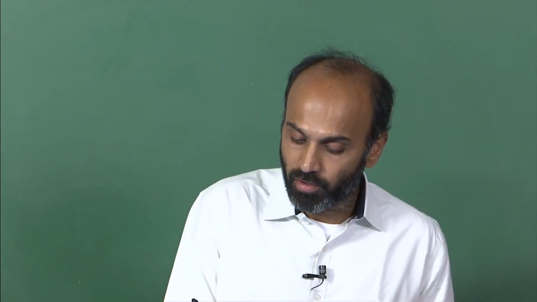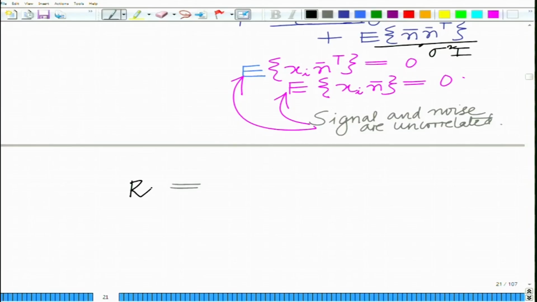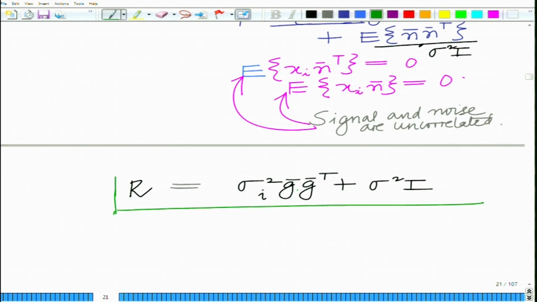Okay. So, finally, if you call this noise plus interference covariance matrix R, what you will get is R equals sigma I square G bar G bar transpose plus sigma square times identity. Okay.